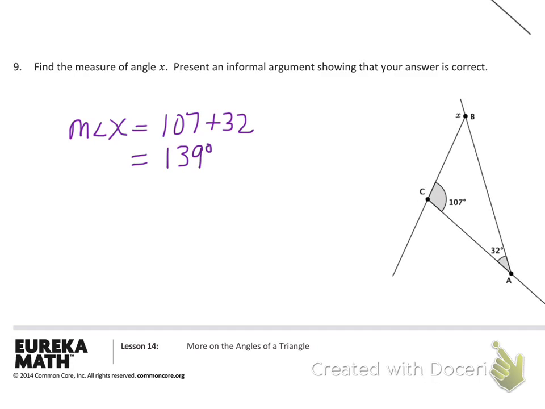And this is going to be the same argument as the others, where we have the exterior angle, X, adding up to the sum of the remote interior angles. So same arguments there. I'm going to spare you the details, but you need to be responsible for knowing how to present that argument. Okay, let's look at our last example.